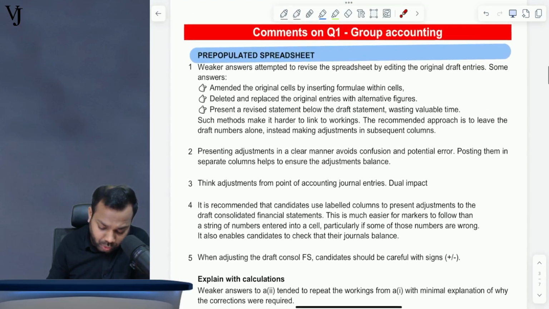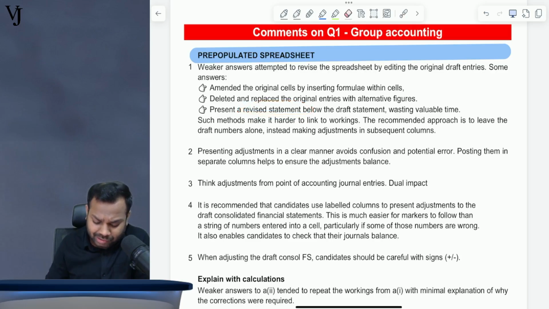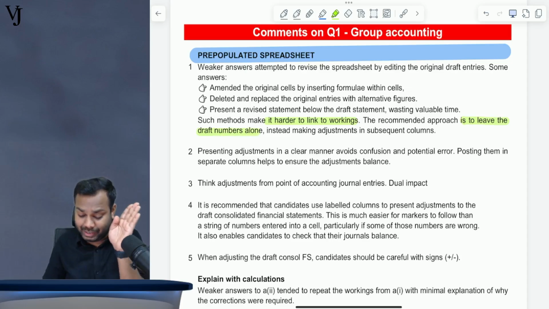So don't amend the original cells, don't delete the original cells, don't present a revised statement. Such methods make it harder to link to the workings. The recommended approach is to leave the draft numbers as they are.